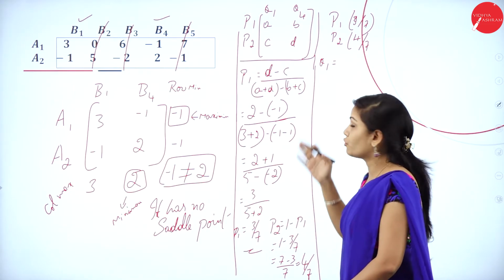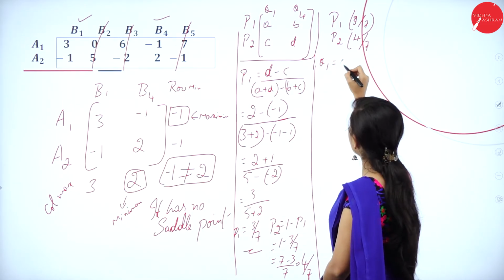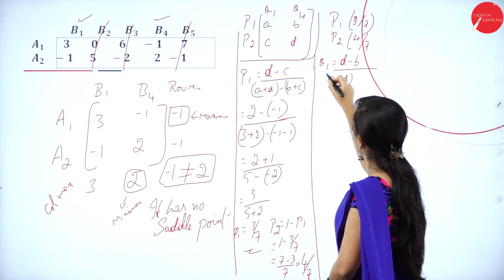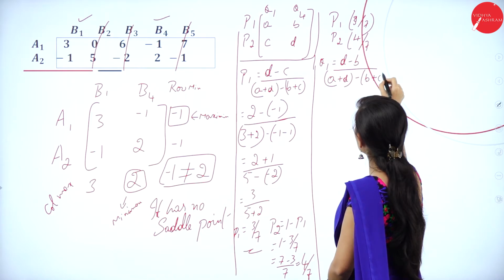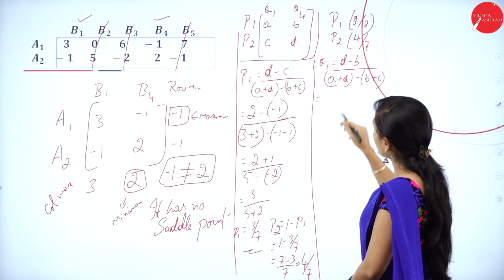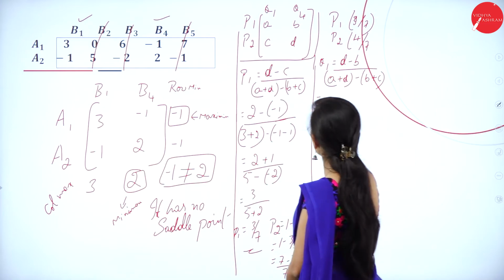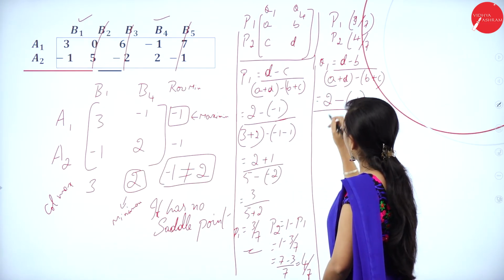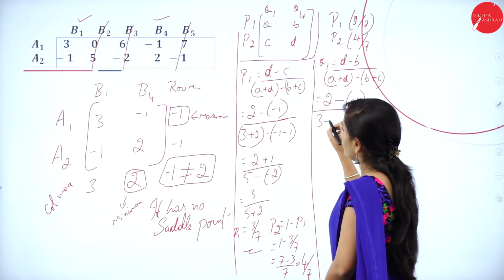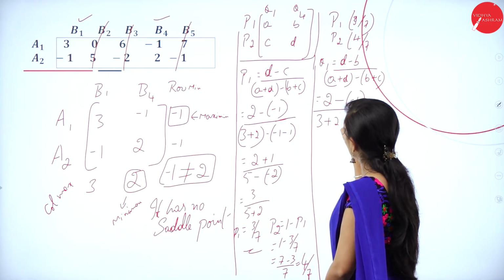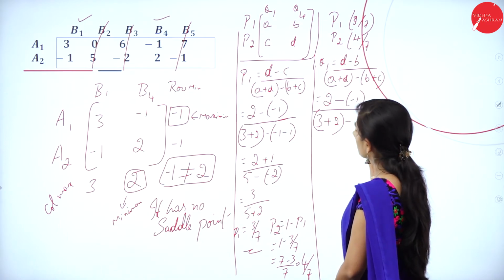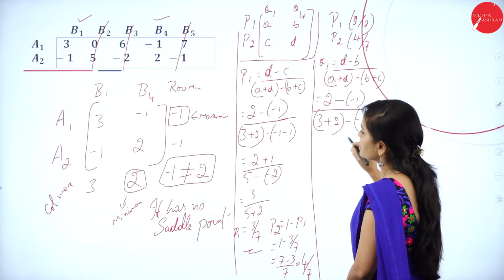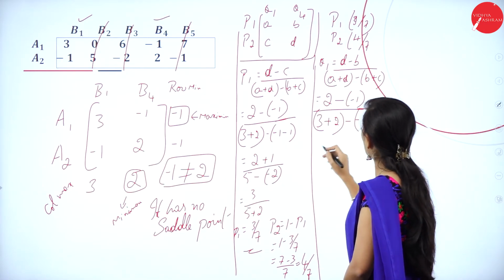The formula is D minus B by A plus D minus B plus C. D value is 2 minus B value is -1, and A value is 3 plus D value is 2 minus B value is -1 minus C value is -1.